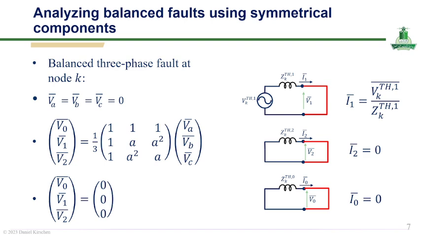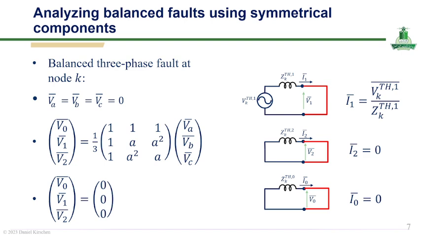From the sequence network diagrams on the right-hand side, it is clear that only the positive sequence network contributes to the fault current. The positive sequence current is determined by the Thevenin equivalent as I1 is equal to VK Thevenin positive sequence divided by ZK Thevenin positive sequence, while the negative and zero sequence currents are both zero.